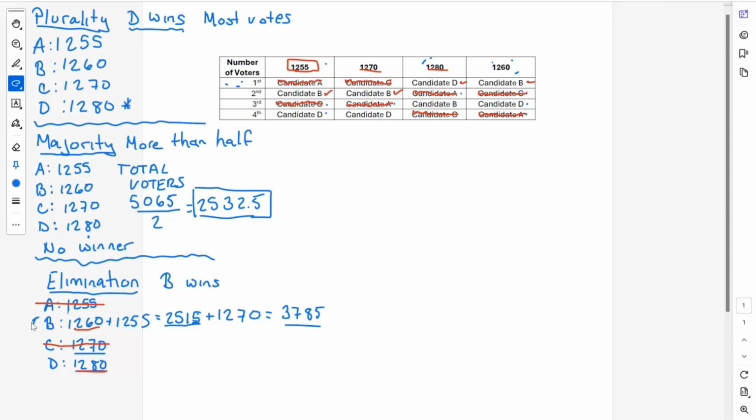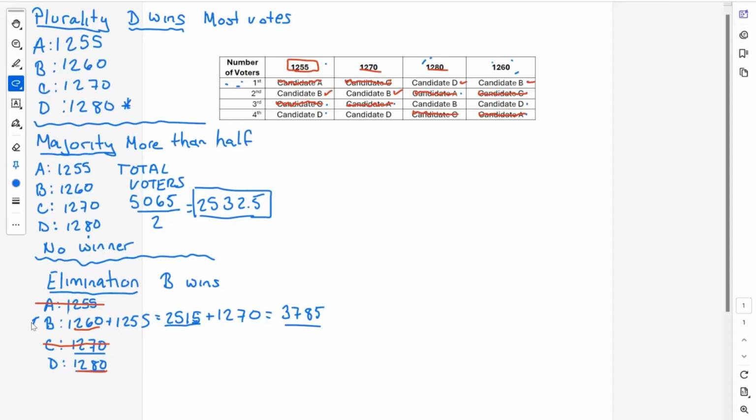We work down, we keep eliminating the lowest choices until we come up with a winner. So it solves the problem of majority, where we often don't have a winner. And it still takes everybody's vote into consideration. And it forces us into a position where we're choosing a candidate that people prefer.